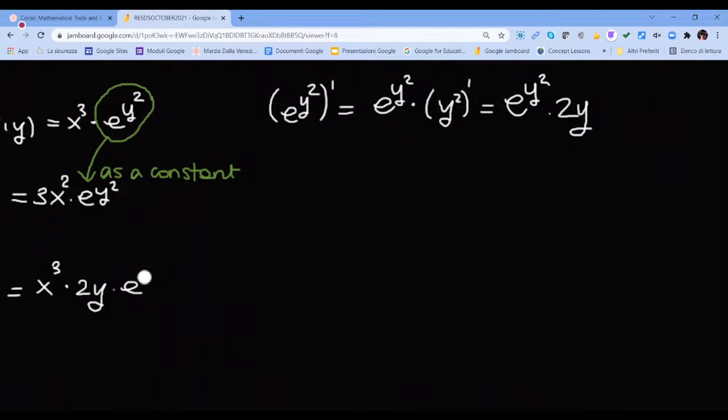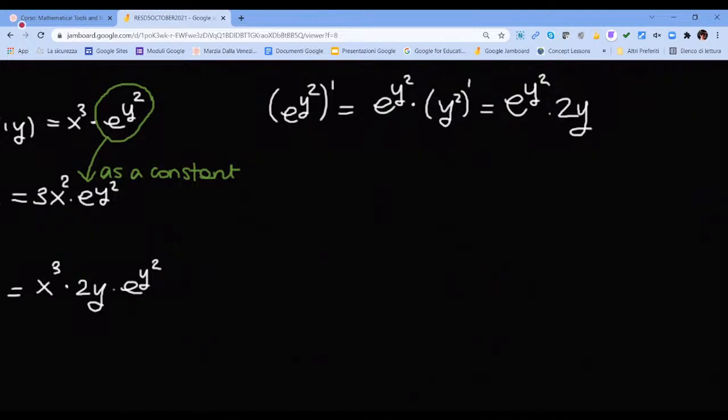I always prefer to write everything in front and then the exponential to the right, because it is easy to make a mistake if we have something after the exponential function.